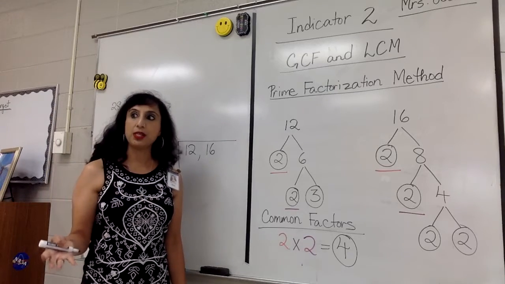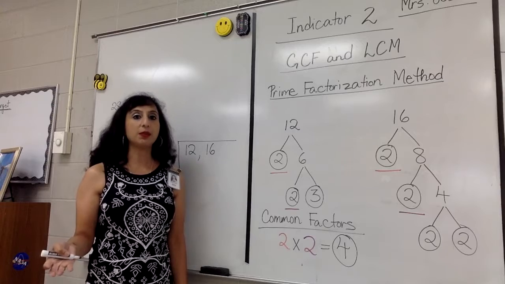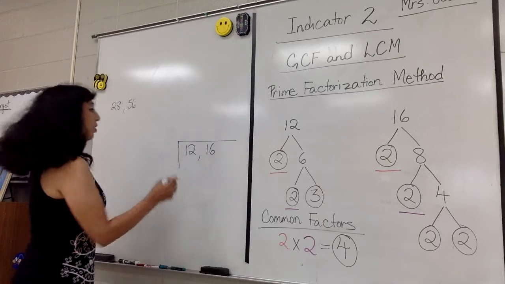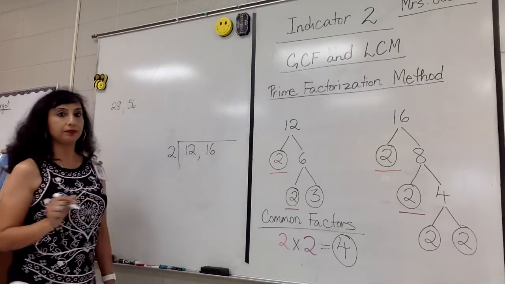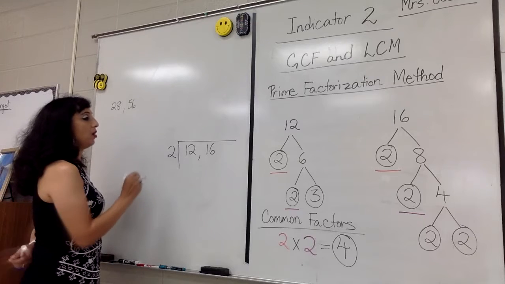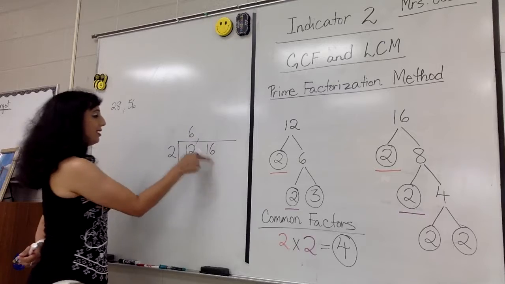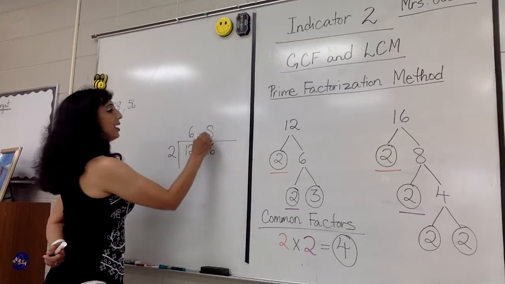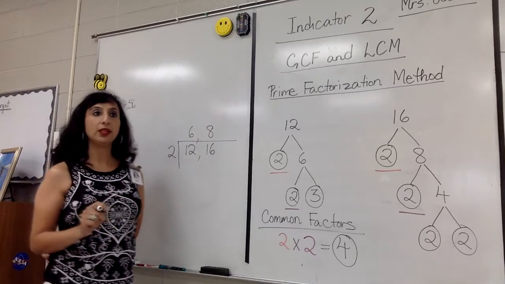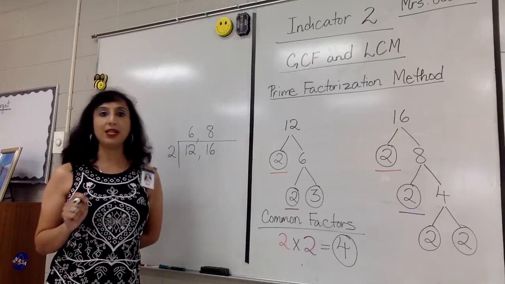So because they are even numbers, they are both divisible by 2. So I'm going to write 2 over here. And I know that 12 divided by 2 is 6, and 16 divided by 2 is 8. Okay, so I get 6 and 8.